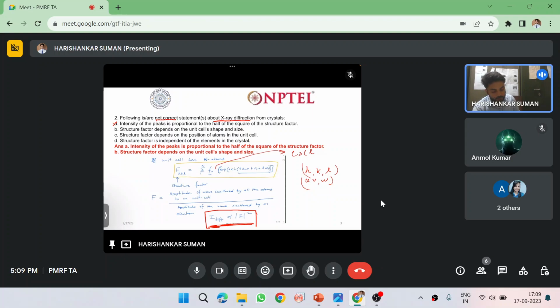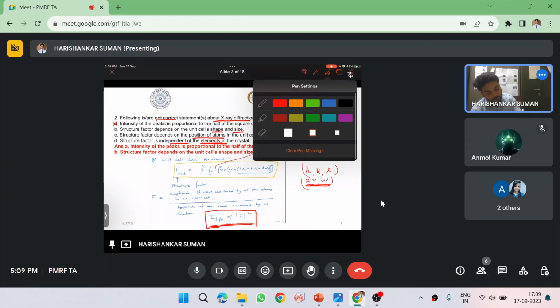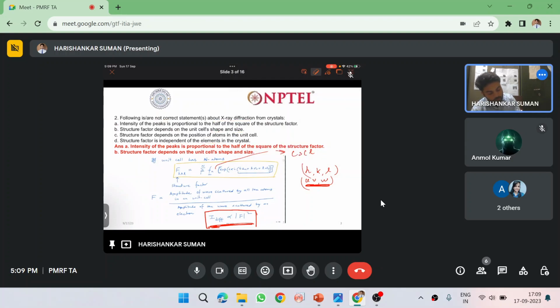Structure factor depends on the unit cell shape and size, and on position. Is it independent of the element of the crystal? Structure factor is dependent.